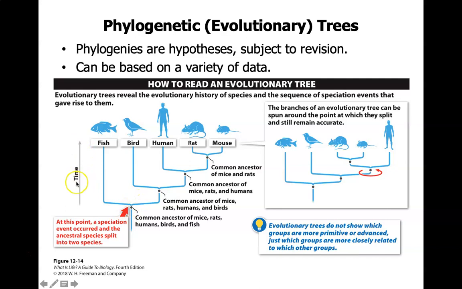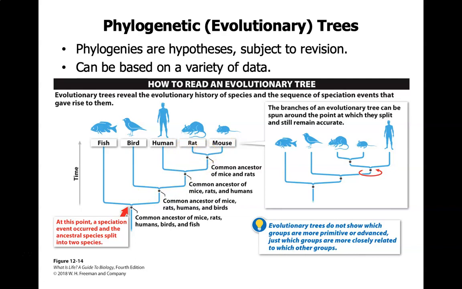So way back here, a long time ago, we had a common ancestor between fish and all other animals. Then a little bit farther down, a little closer in time, but still a long time ago, there was a common ancestor of birds, humans, rats, and mice. And we can see these common ancestors indicated all along this tree.